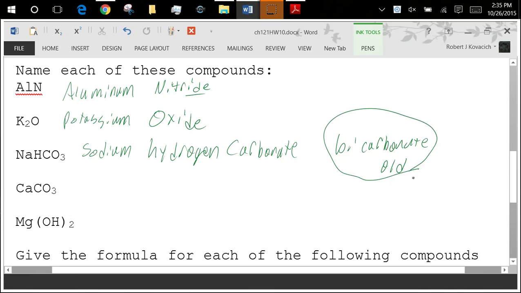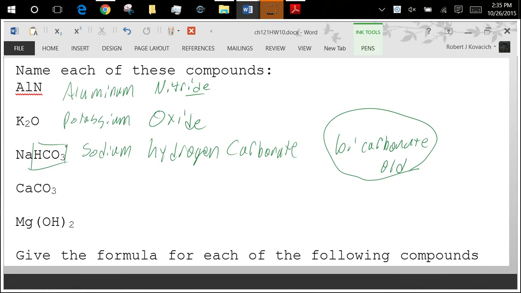What is it that I need you to recognize in this formula? Polyatomic compound. So you need to be able to name that ion, which used to be called bicarbonate, but is now hydrogen carbonate. If you've heard the term bicarbonate before, somebody's got an upset stomach, they should take a bicarbonate.